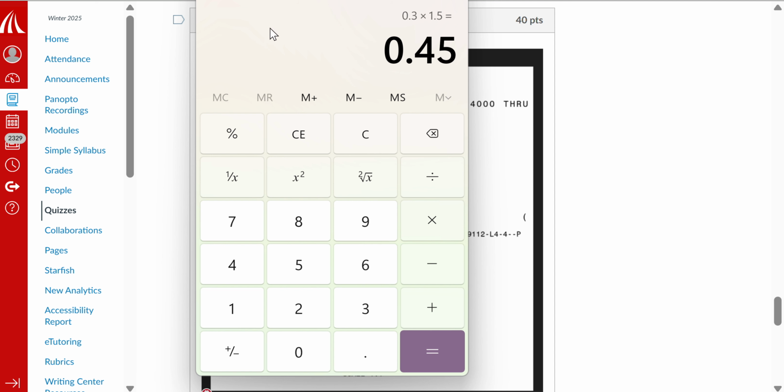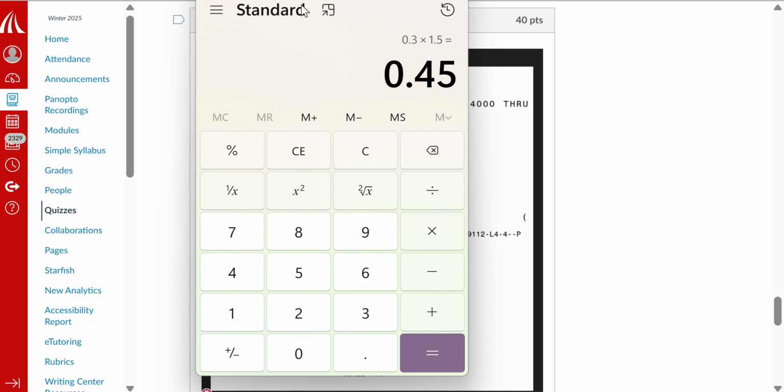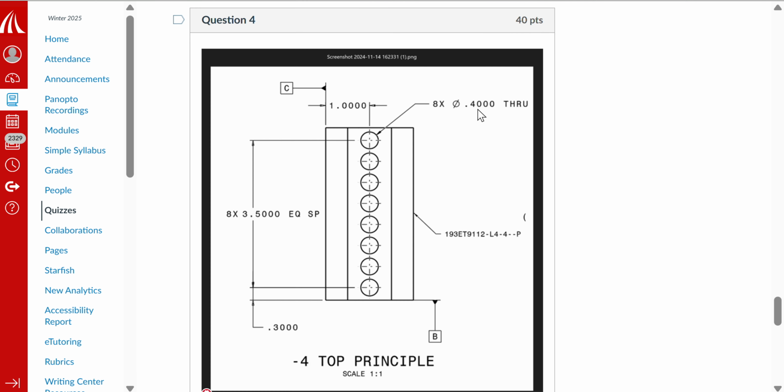No, I'm doing that wrong. What am I thinking? I'm sorry. The diameter is 0.4, so I got to use 0.4. I was using 0.3, I don't know why I was doing that. It's the diameter times 1.5. Just seeing if you're paying attention. I turned the calculator off.